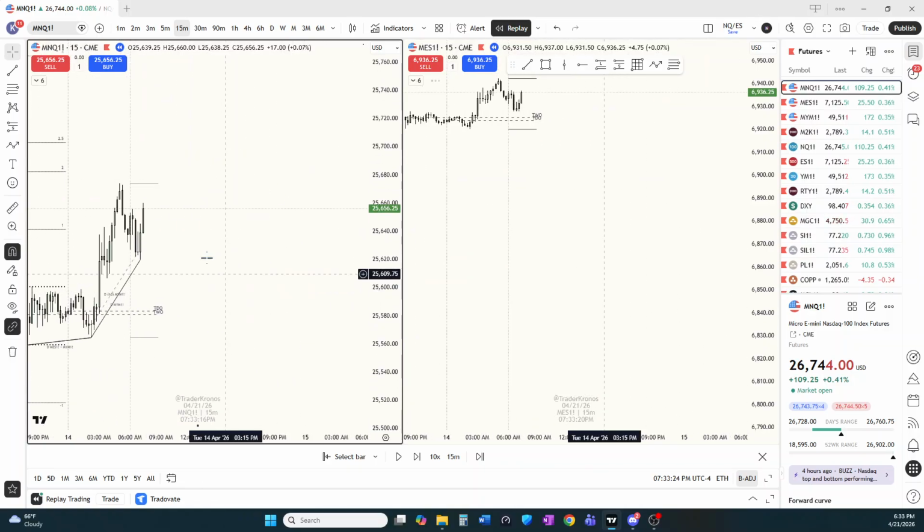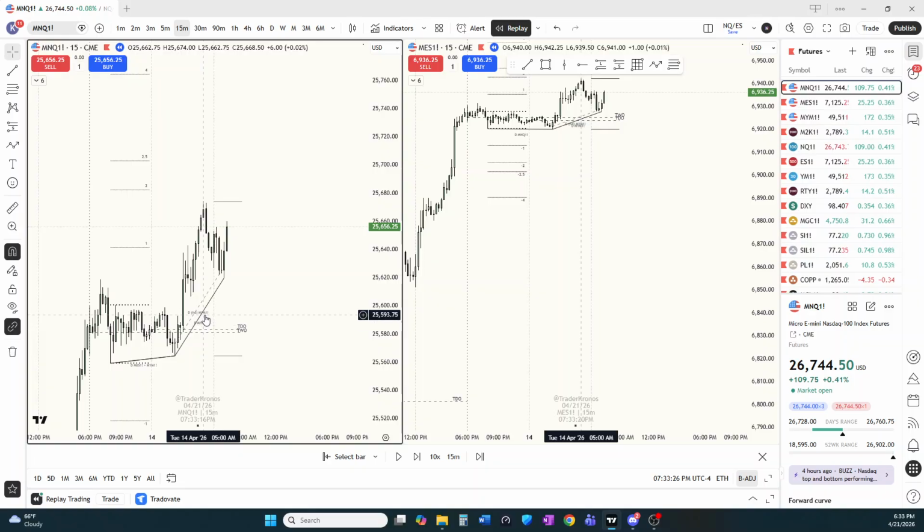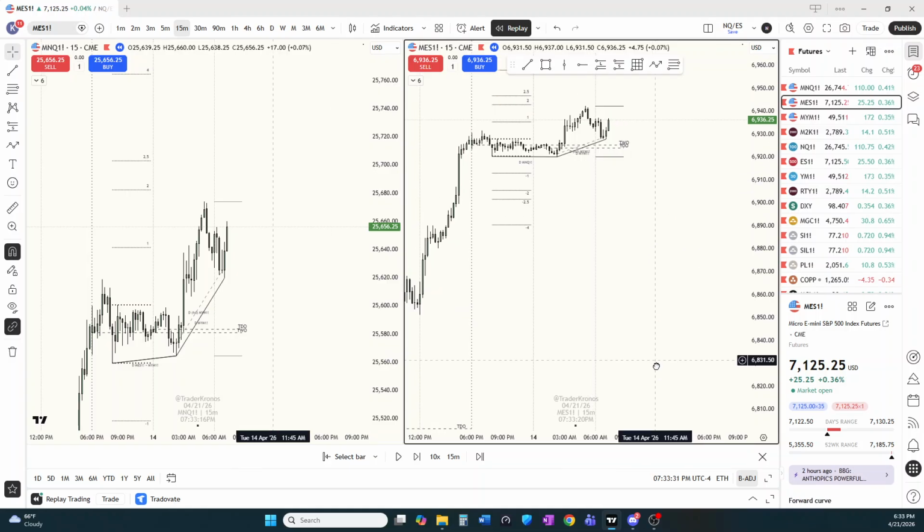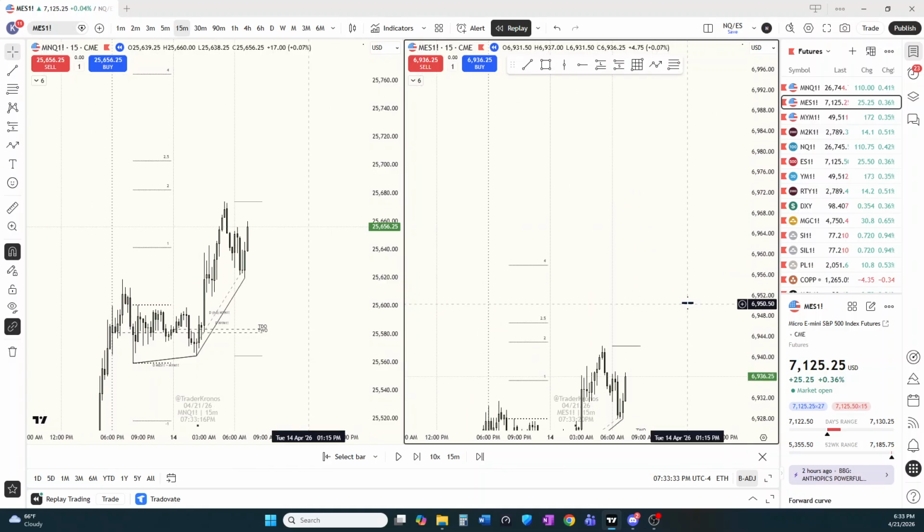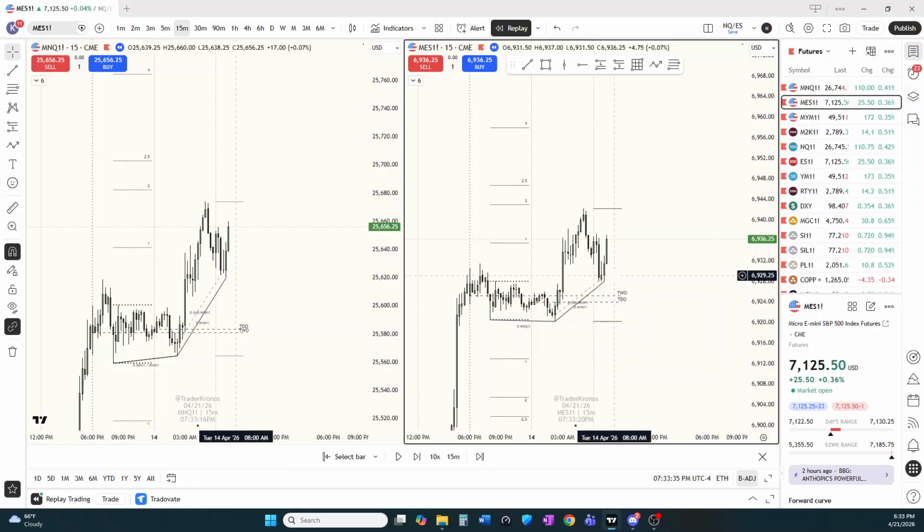So let's take this as an example, right? So this is Tuesday, April 14th on indices. So how do I navigate price here in the index futures?